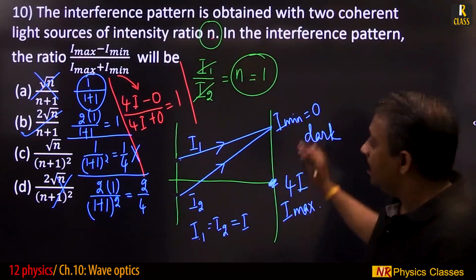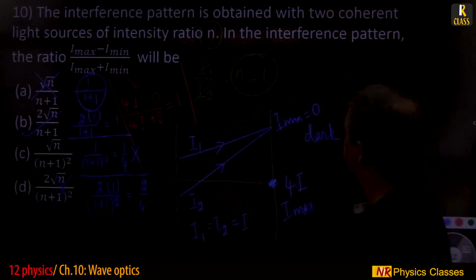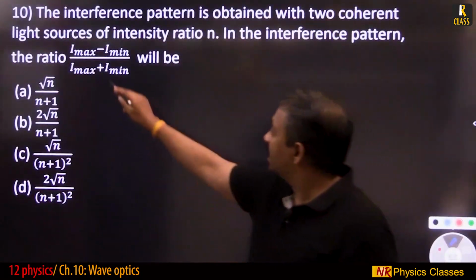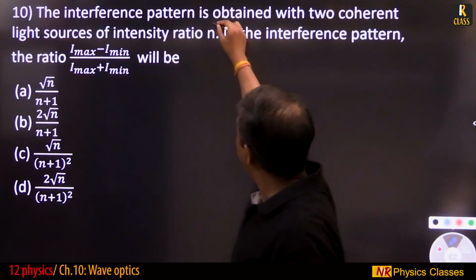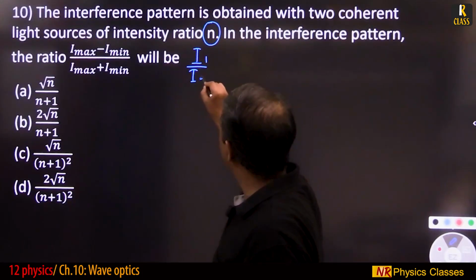Now, let us solve this using the regular method. I maximum, I minimum. Intensity ratio is n. So, I1 by I2 equals n.